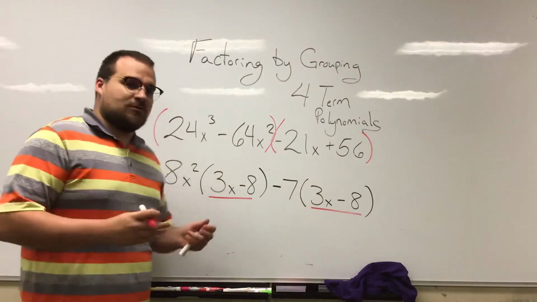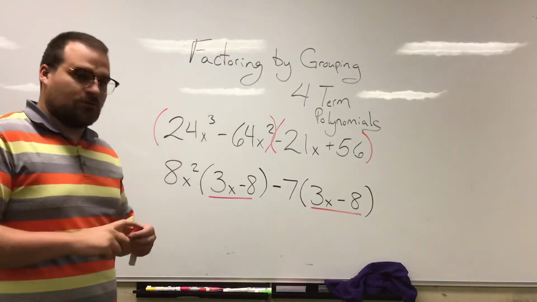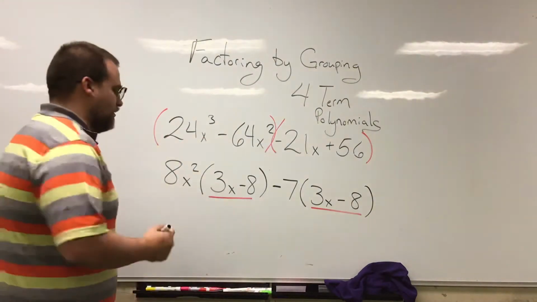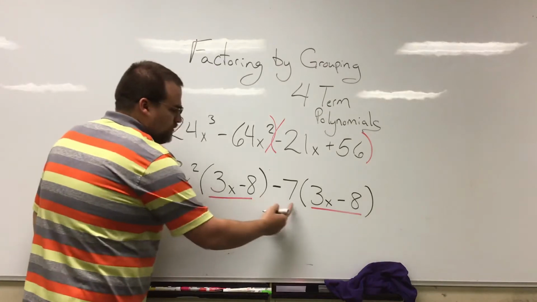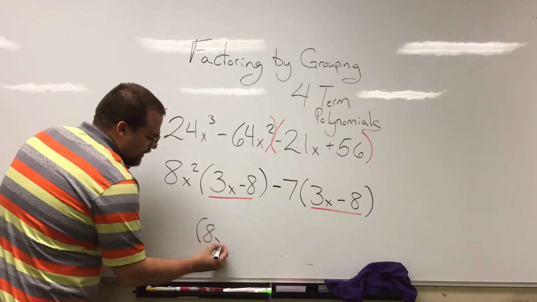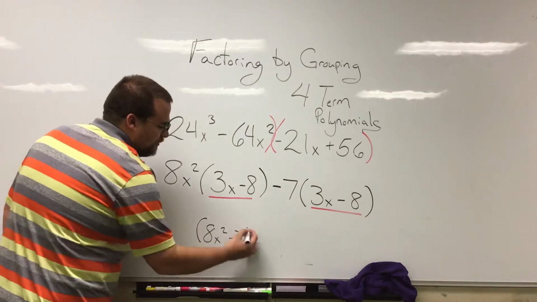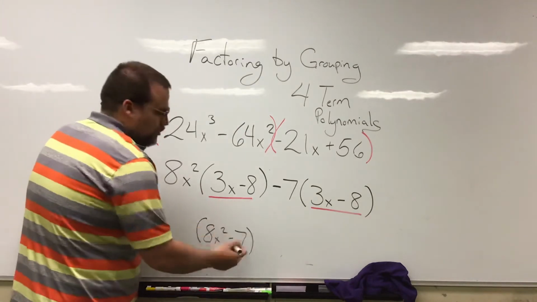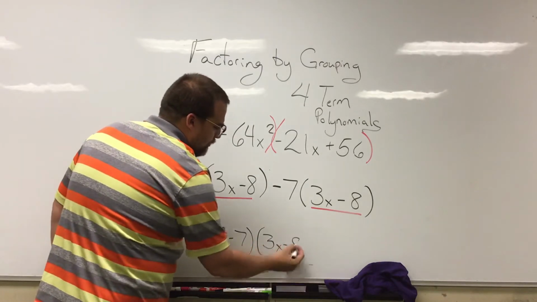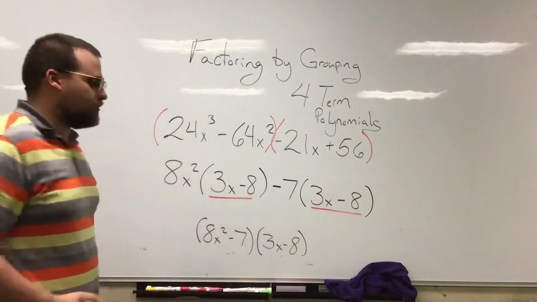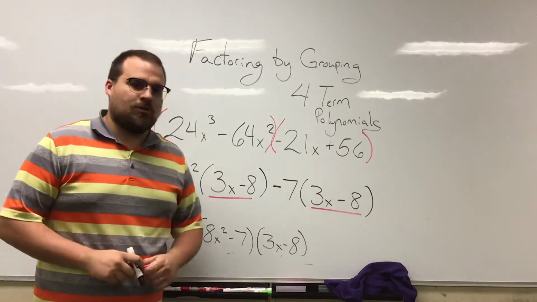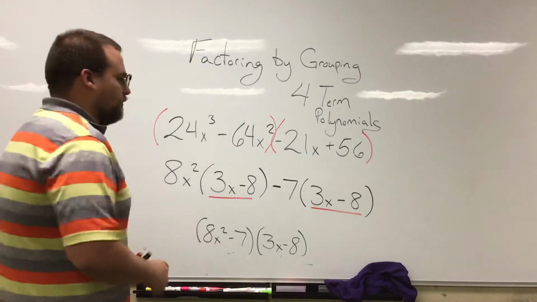But the deal is, our binomial factors, the fully factored form of our original polynomial here, is going to be our 2 GCFs, or our 2 greatest common factors put together, 8x squared minus 7, and then the other binomial factor will be what was left inside those groups, 3x minus 8. And that's our answer.